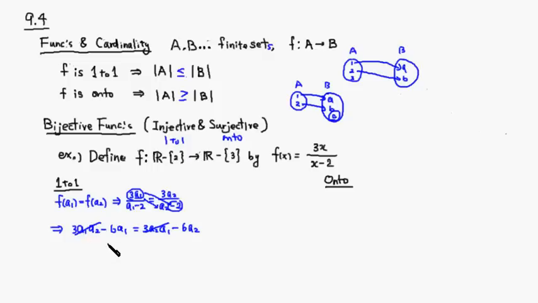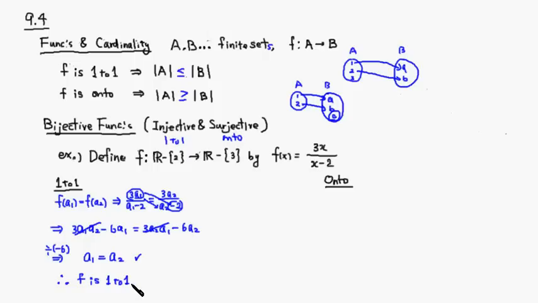Also you can divide both sides by negative 6 to conclude that a1 is equal to a2. So this shows that f is definitely 1 to 1.